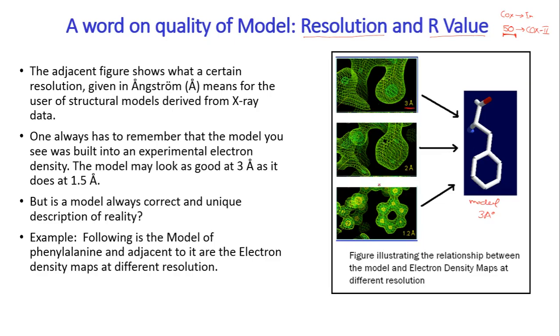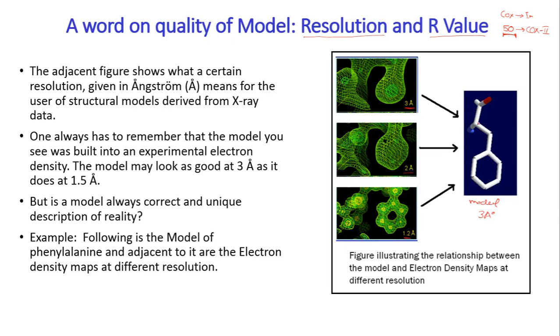When the author claims a model of a protein molecule at 3 Armstrong, or say 2 Armstrong resolution, they have obtained electron densities that might look something like this. And at higher resolution of 1.2 Armstrong, the electron density might look like this.